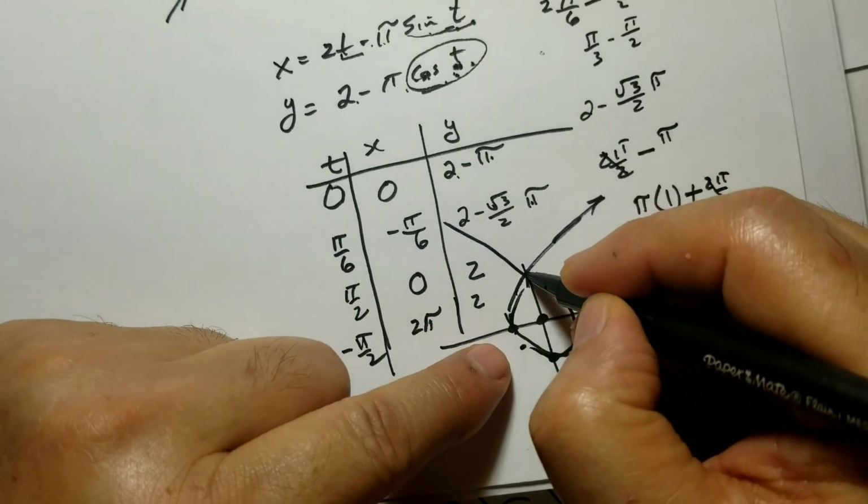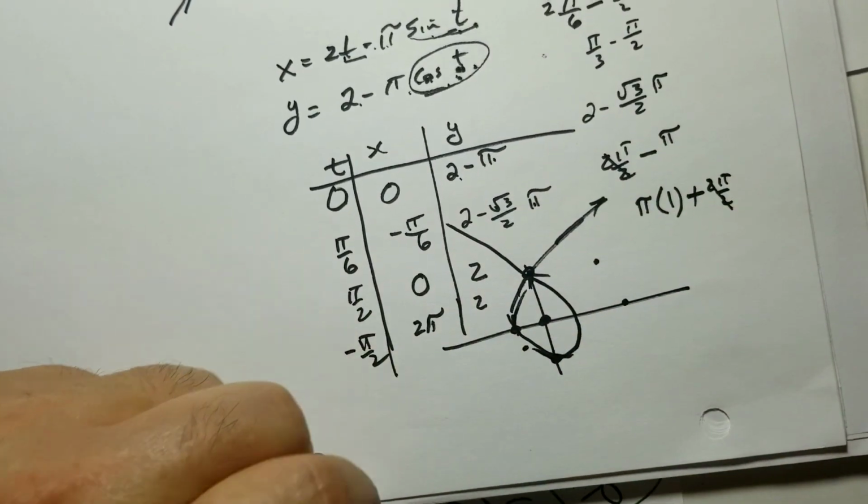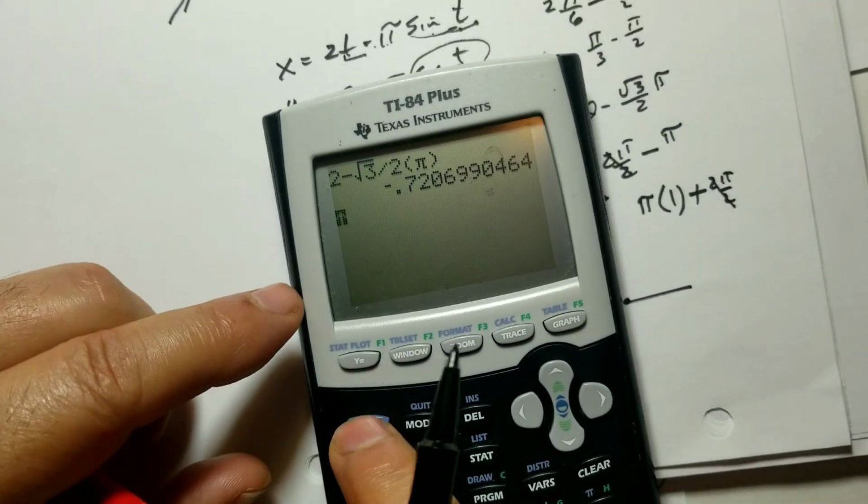Okay. I want to know, at that point, you have a point of intersection, and I want to make sure my graph is correct.